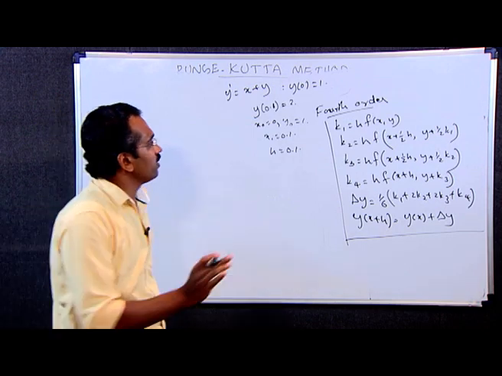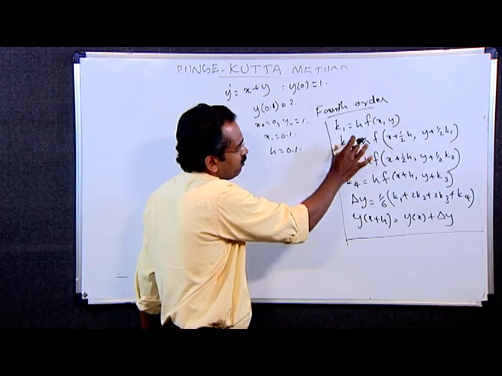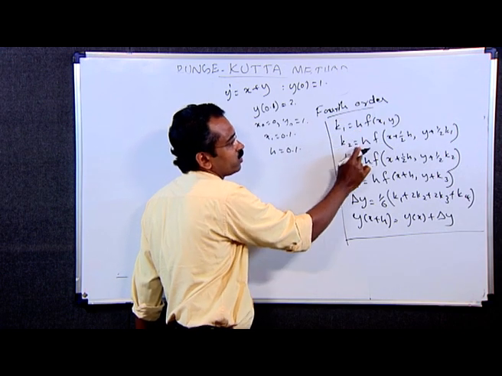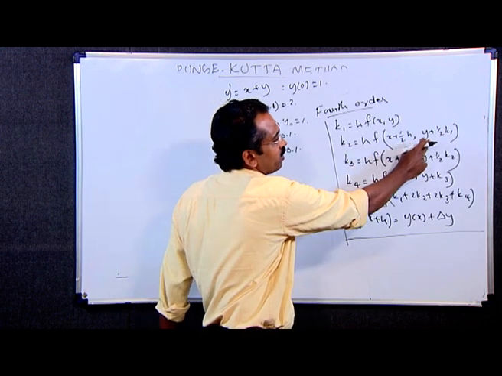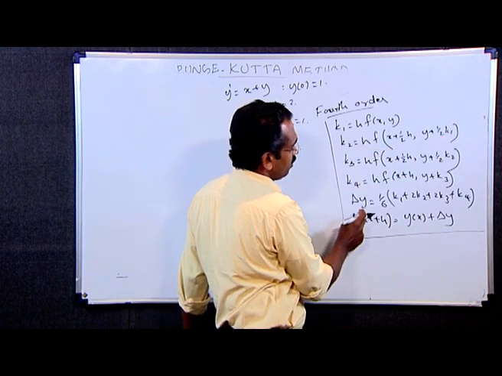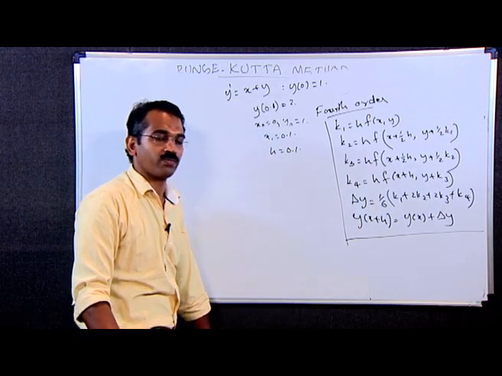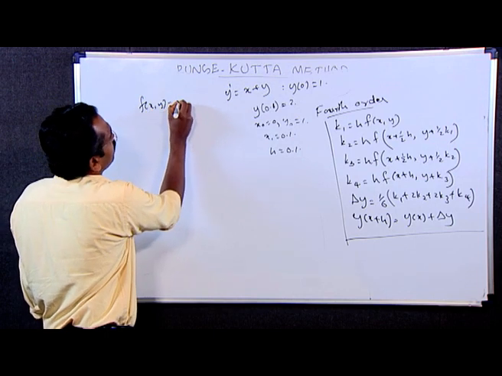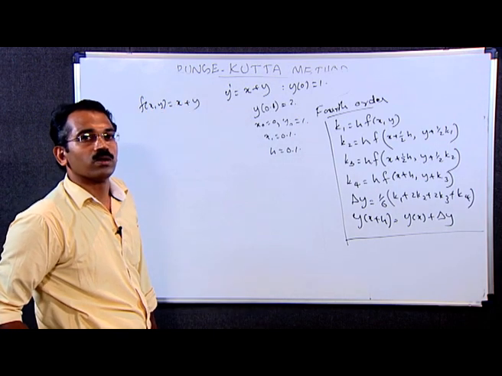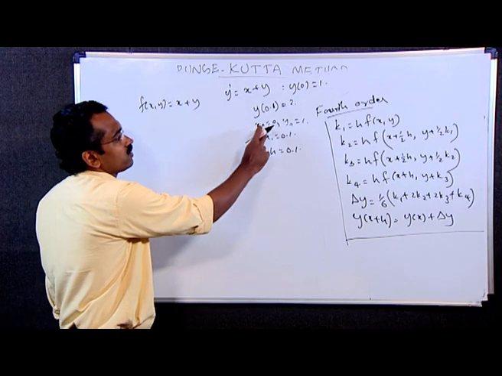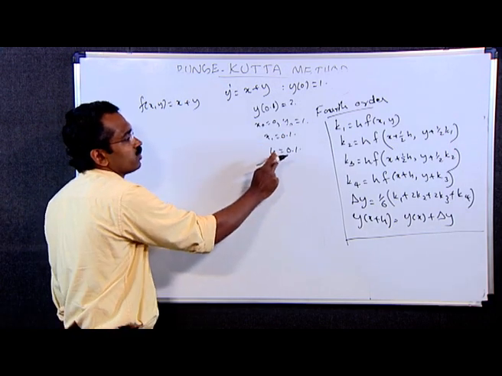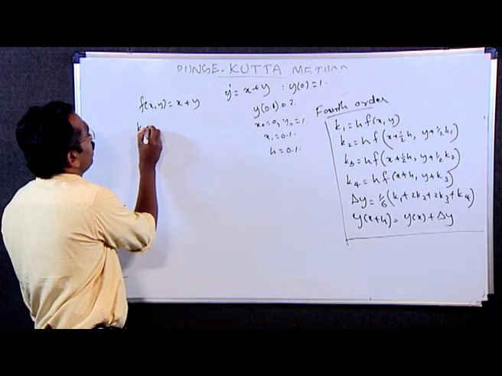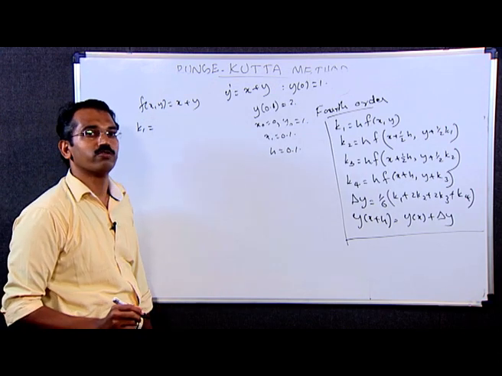Now, by Runge-Kutta algorithm, we have algorithm K1 is equal to h into f of x y, K2 equal to h into f of x plus 1 by 2 h comma y plus 1 by 2 K1, K3, K4, delta y and y of x plus h. Here f of x y is the right hand side function x plus y. X naught is 0, y naught is 1, x1 equal to 0.1, h is equal to 0.1. Therefore, we can find K1 as h into f of x naught, y naught.